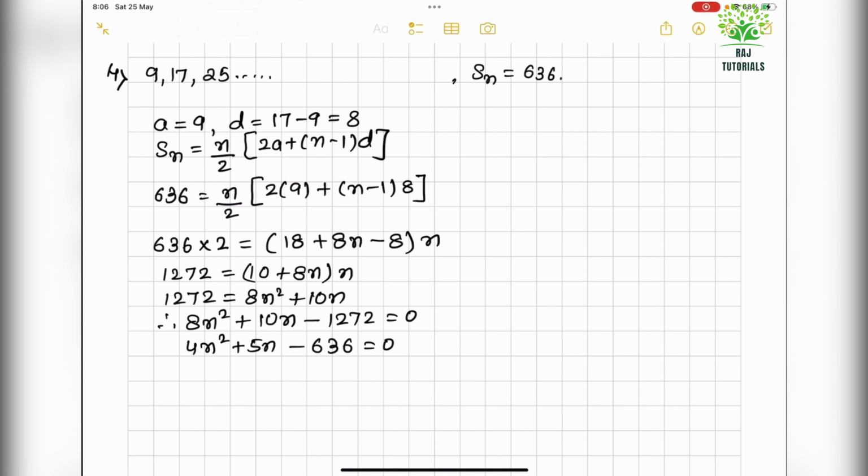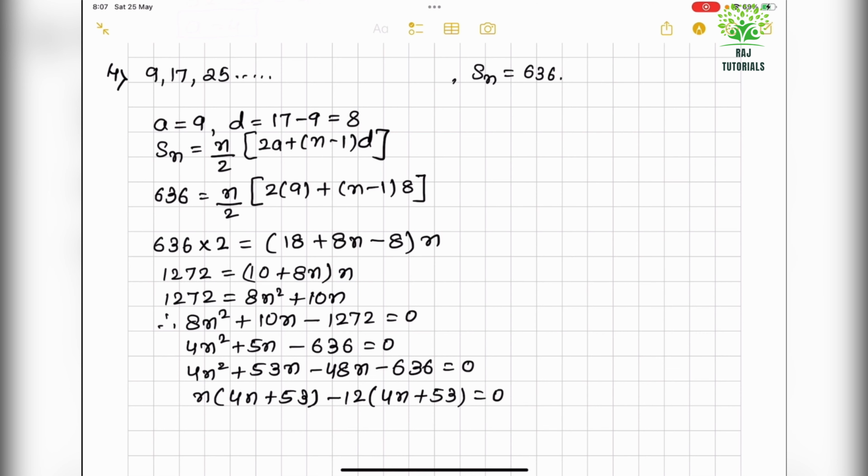So 4n square plus 53n minus 48n minus 636 equal to 0. So n common, 4n plus 53 minus 12 common, 4n plus 53 equal to 0.